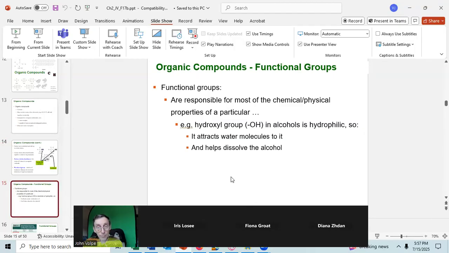A hydroxyl group is an alcoholic group. It's hydrophilic, and that's why methanol can dissolve in water, because methanol has an OH group. And that makes methanol a polar molecule. Methane is a nonpolar molecule, which cannot dissolve in water.